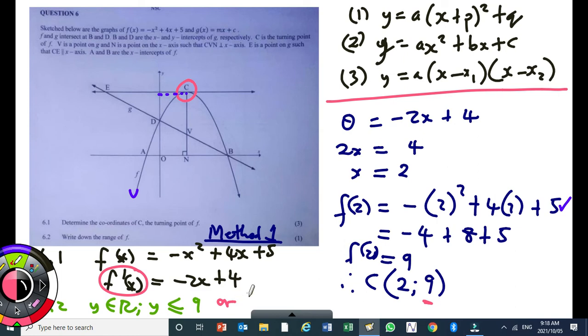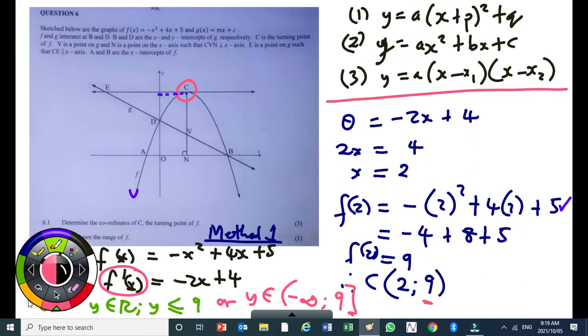So you can write this as y is an element, we are starting from minus infinity up to 9, but you put a square bracket because the 9 is included. Okay? That's not the only way. There's a third way of writing it. Let me also write it down for you. You can also write this as minus infinity is less than y, and y is less than or equal to 9. Okay, so you can decide which way you prefer, but I prefer the first one.